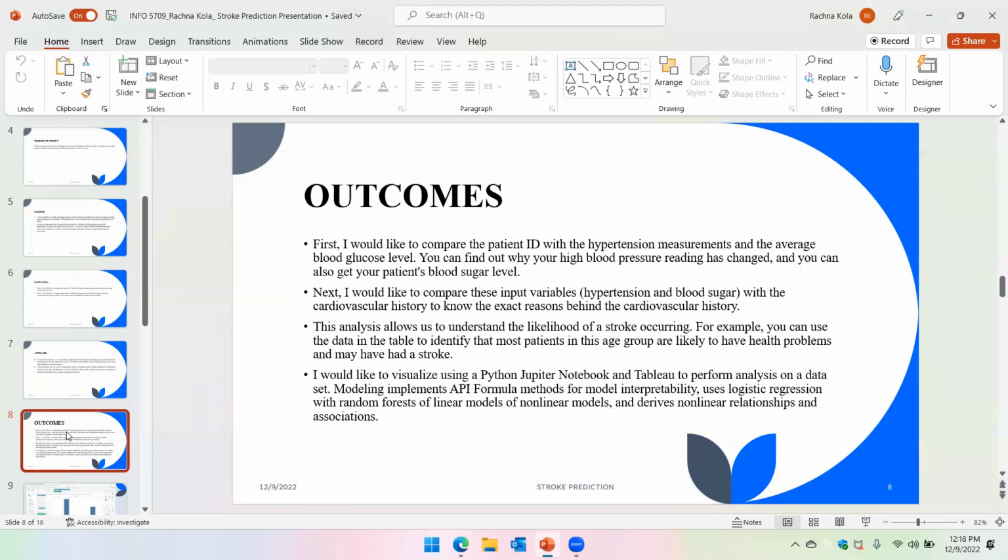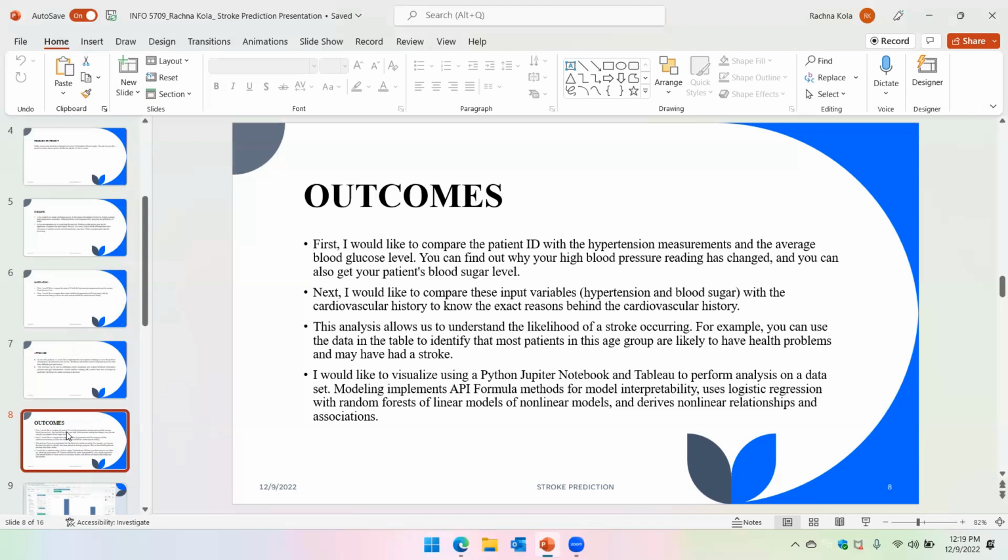Like if you take an age group of around 40 to 50 years, what are their prerequisites to the occurrence of the stroke? Like, did they have any work tensions, or was it because of their health, or the exercises that they do or don't do? Based on that we can predict the occurrence of the stroke.